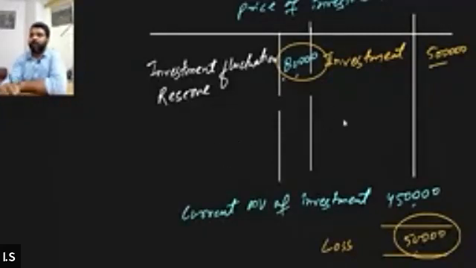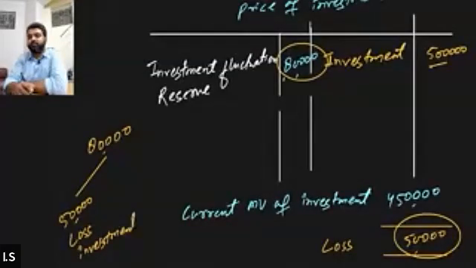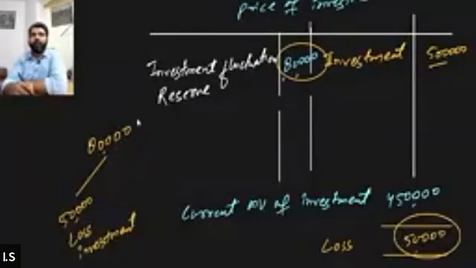So out of the reserve of 80,000 that we have made, we will be able to adjust 50,000 toward the loss on investment.